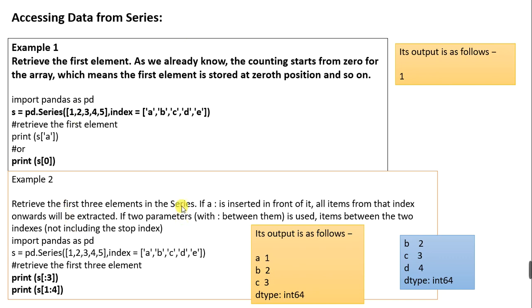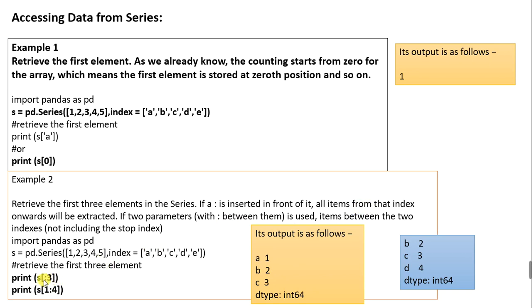Now a slice: we want to fetch a particular group of elements from the series, beginning from a particular point and ending at a particular point. For that, we already know that we use the colon operator. If you specify a colon symbol, all the elements will begin from 0, and the next value specified here, you can see it here, s of colon 3, is called the upper value.